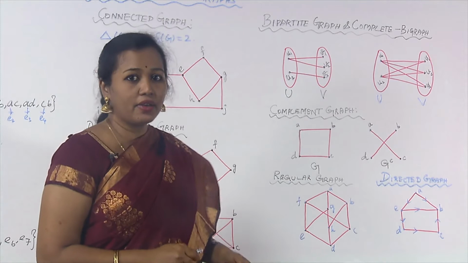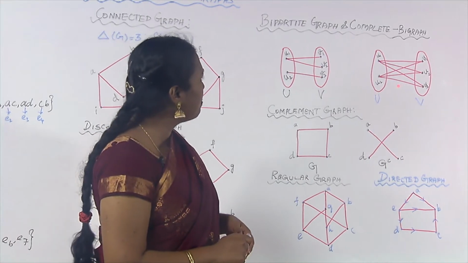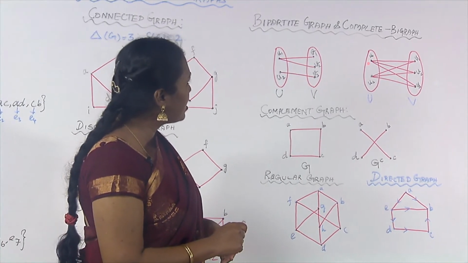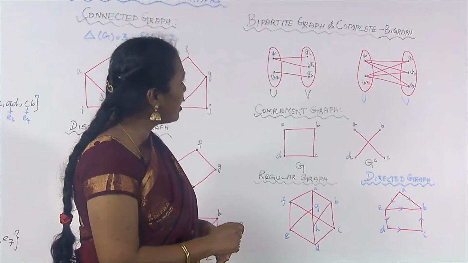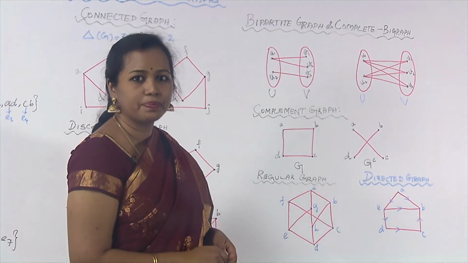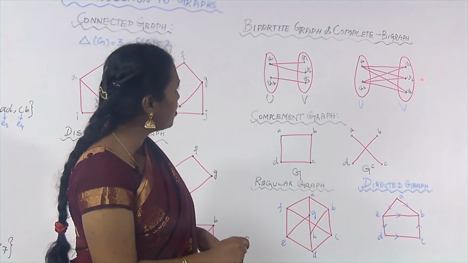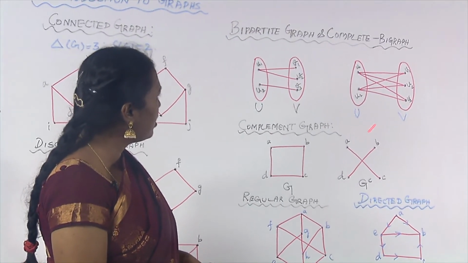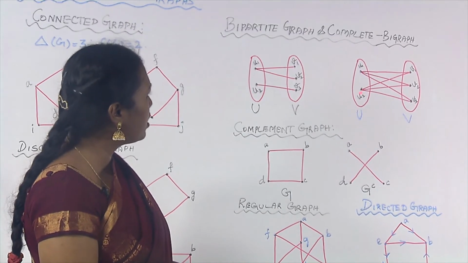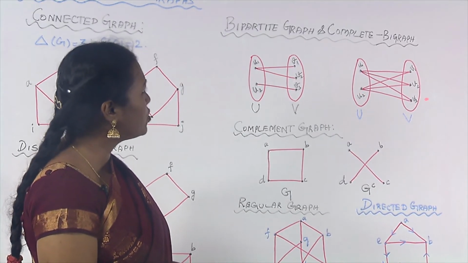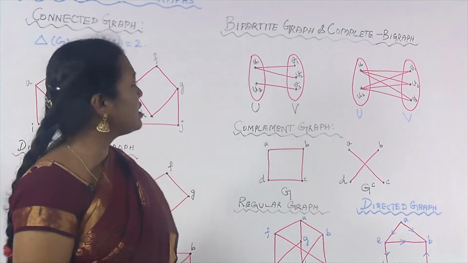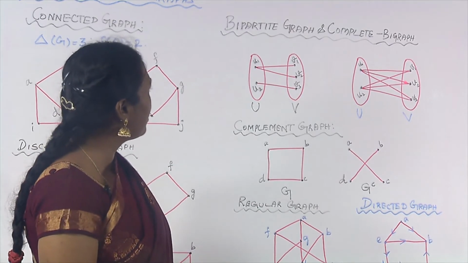Now the complete bipartite graph; you can see this example. In a complete bipartite graph, every vertex in U is connected to every vertex in V. So, U1 is connected to V1, V2 and V3. Likewise, U2 is connected to V1, V2 and V3. This is an example of a complete bipartite graph.